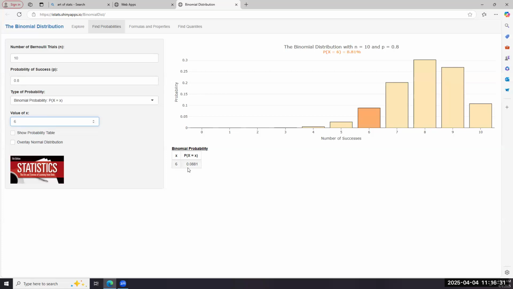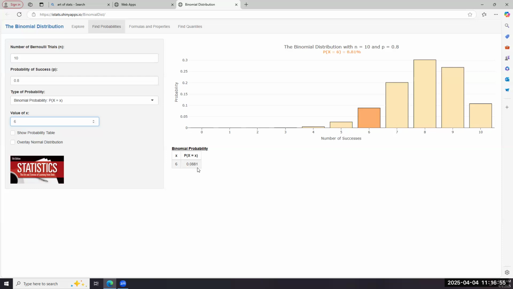Probability that X equals 6 would be 0.881, which is going to be in this case 8.8%. If you do it with the table or the TI-83/84, you will get exactly the same thing. So that would be very easy to identify.